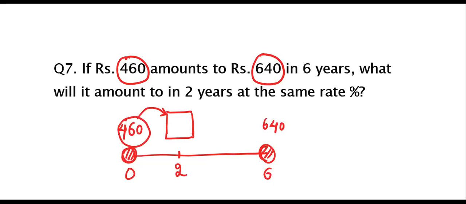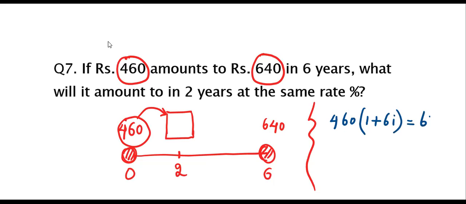For that, you need to know the interest rate. So find the interest rate here. We'll find the interest rate this way. 460 times 1 plus 6i equals 640. You have to solve it. 640 divided by 460.